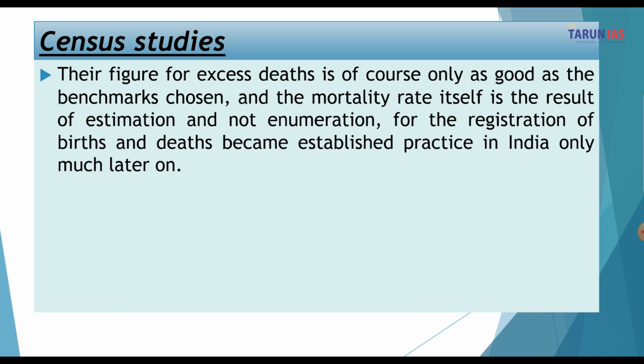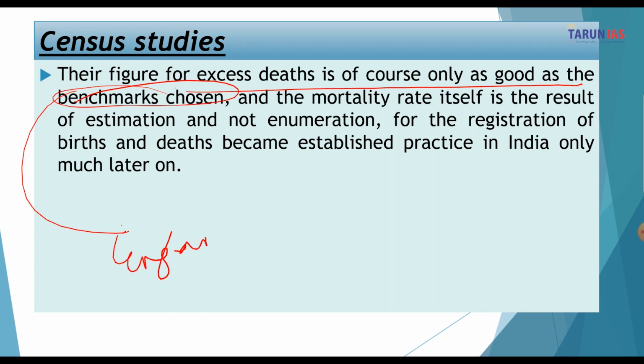So their figures for the excess of death are of course only as good as the benchmark chosen. And what was the benchmark that they had chosen? It was England. It was the mortality rate in England in the period between the 16th and 17th centuries.